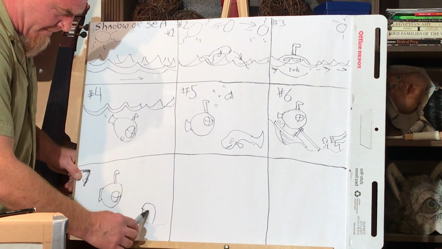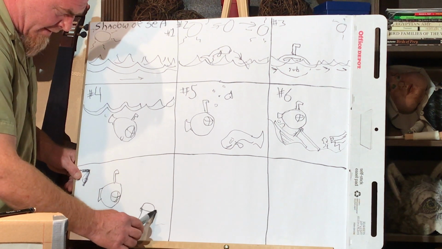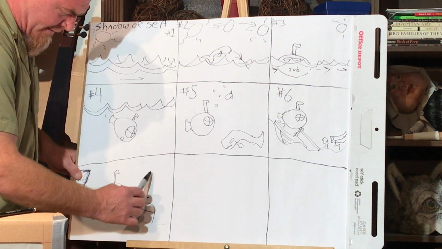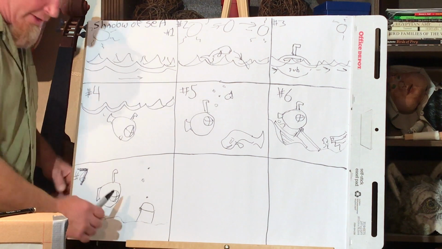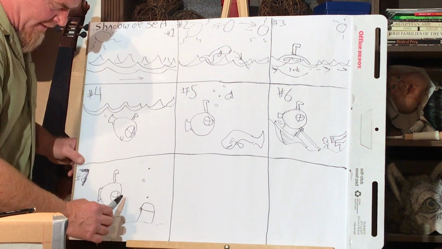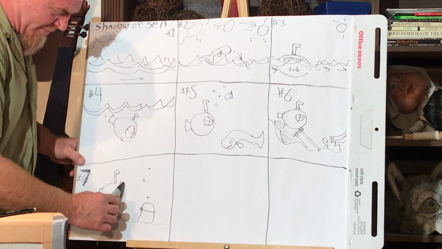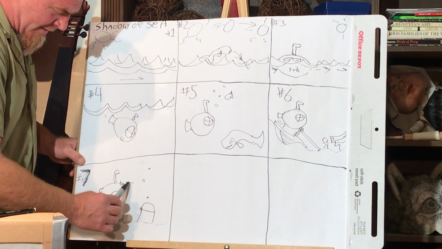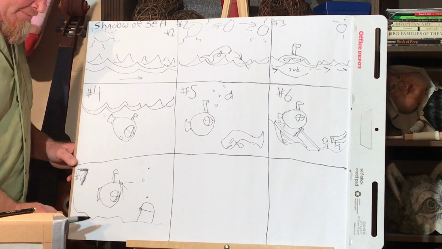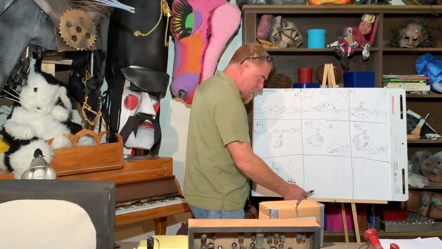So, all right. There's little bubbles coming out. So you're like, oh. Should we put a little light here? And just do that. Could be a pirate treasure or something like that.